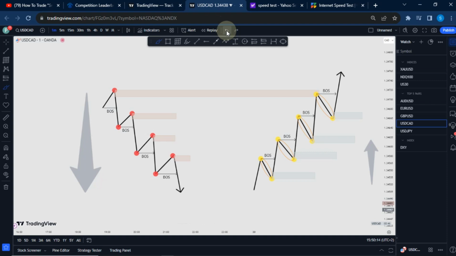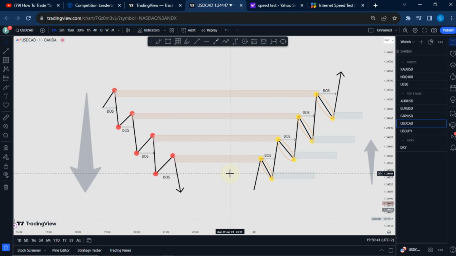You understand? That's when we look to short the market. Same thing here. This supply that we have marked, price will eventually come and respect it. And once price respects our supply or our demand level, that's when we look for trades.